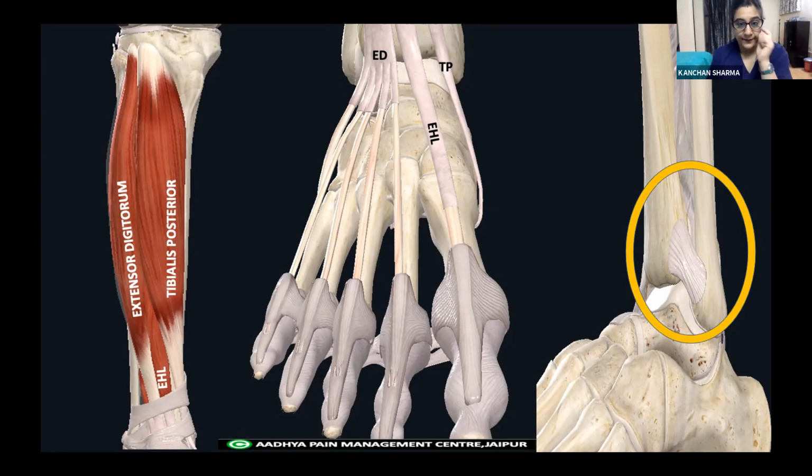Whatever we are learning, either the medial or the anterior side, remember 3 tendons are there. 1 tendon will be for your great toe. Great toe, we call it hallucis. And when it comes to your thumb, you would have learned it in your wrist class, we call it pollicis.